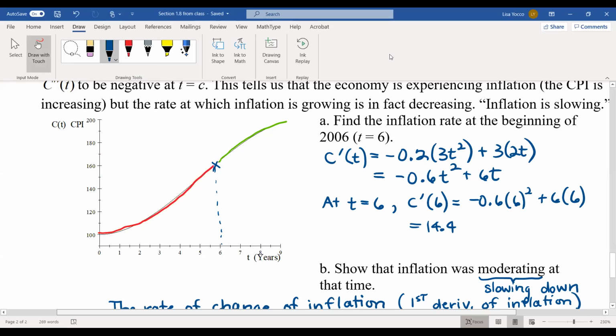And what we're going to end up saying is that this red piece of the curve is what we call concave up, and the green piece of the curve is concave down. And that has to do with the second derivative. I'm just kind of sharing with you what's coming. And that's why this particular point is going to be important, because it's the place where the concavity changes. All right, so we have a name for that.